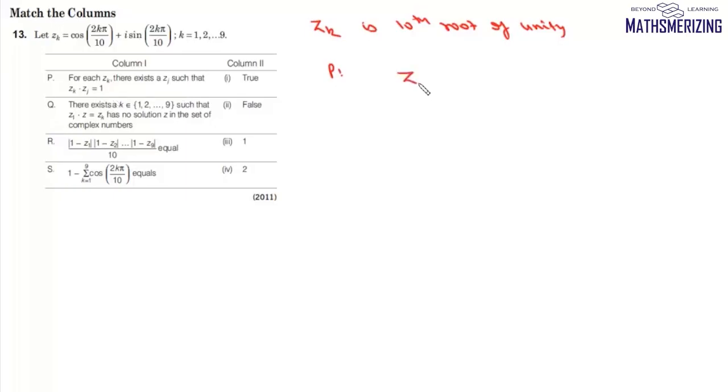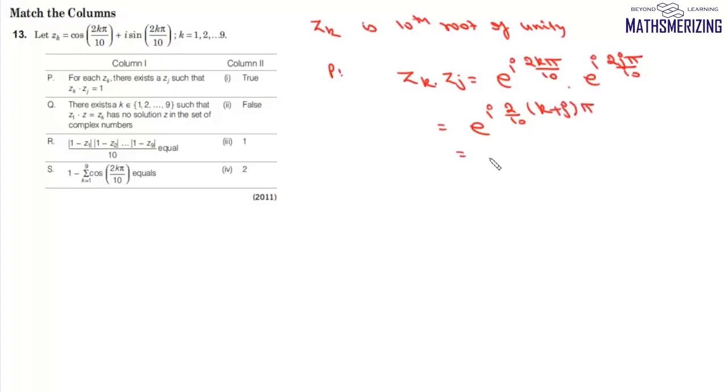Now if we write zk into zj, zk is e to the power iota 2k pi by 10 and zj will be e to the power iota 2j pi by 10, and if we add them, we'll get iota and then 2 by 10 into k plus j pi, which is e to the power iota k plus j by 5 into pi.